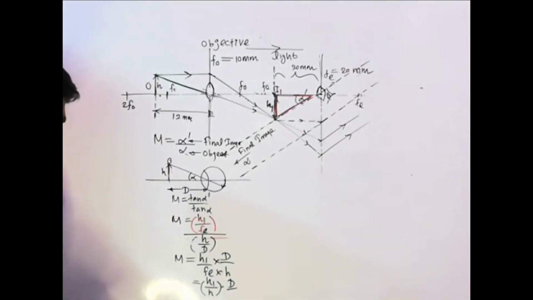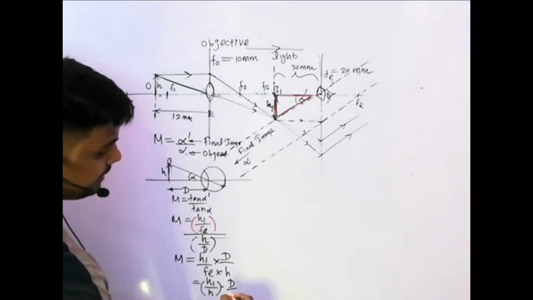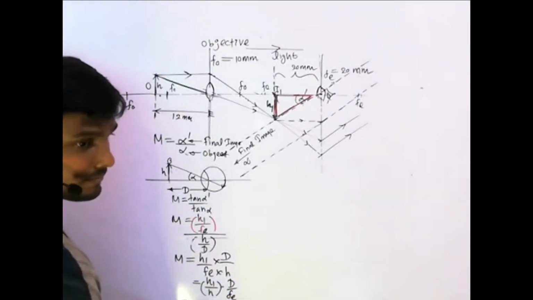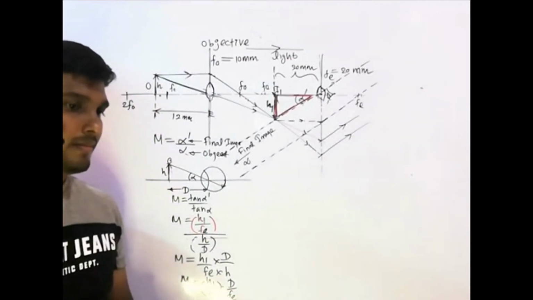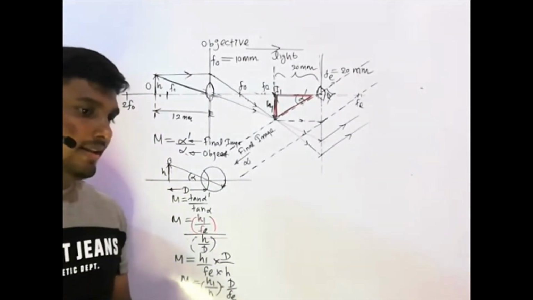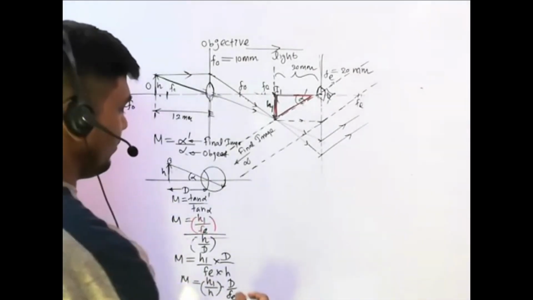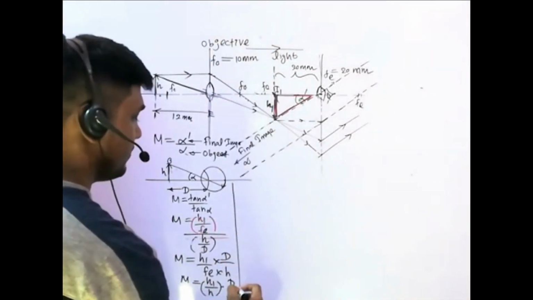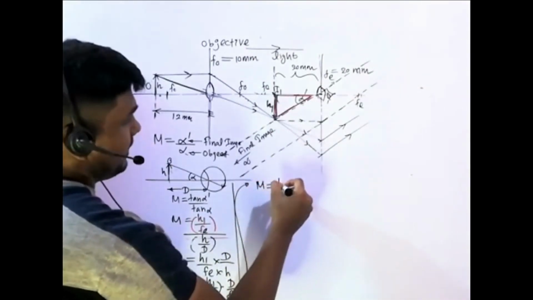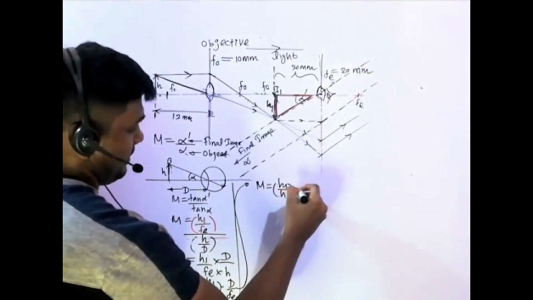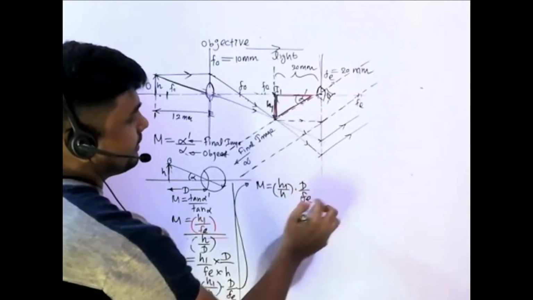H1 over H times capital D over FE is our capital M. I think you can understand. Now capital M is H1 over H times D over FE.